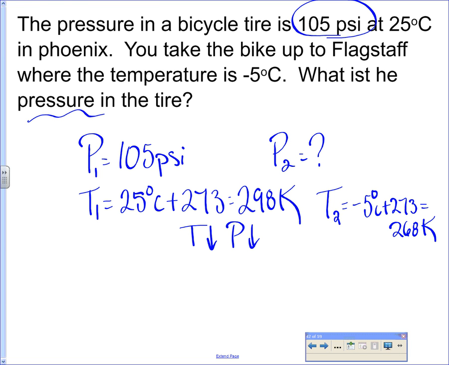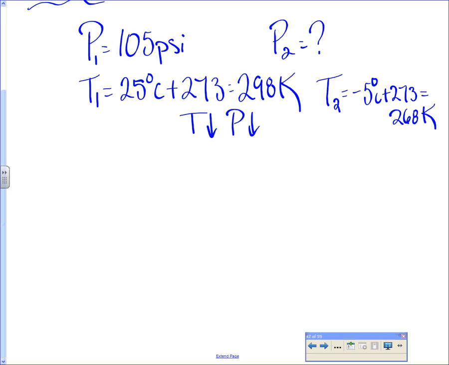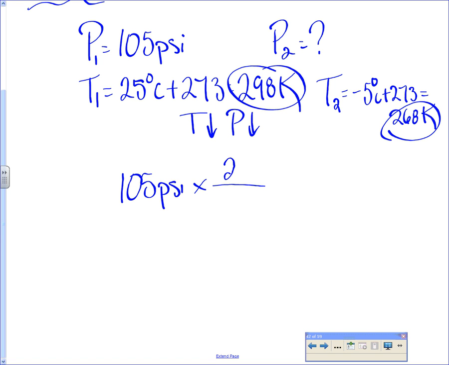So I need to find a new pressure at this new temperature. I'm going to start with the original pressure and come up with my fraction of temperatures to determine that. My answer needs to be lower. My choices to go on top and bottom are 268 and 298. I want it to be lower, so I need 268 on top, and 298 will be on the bottom.